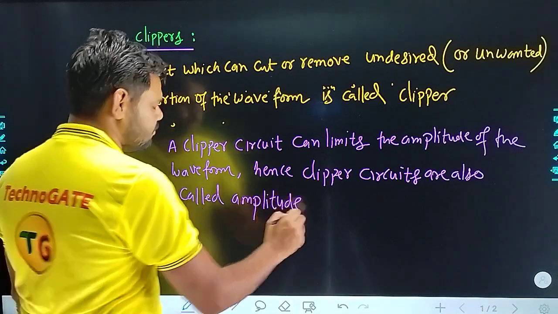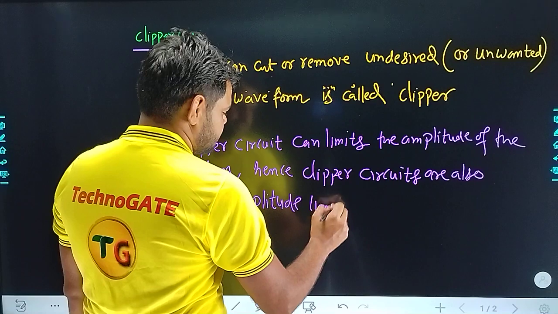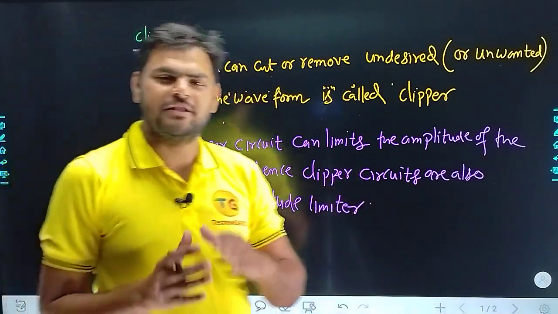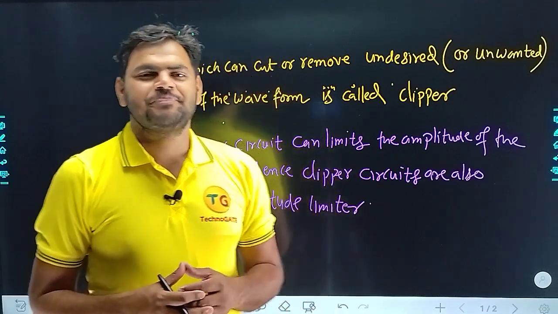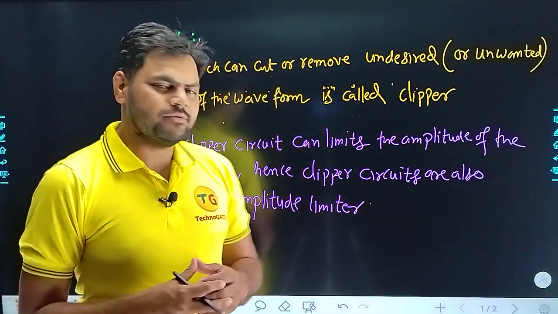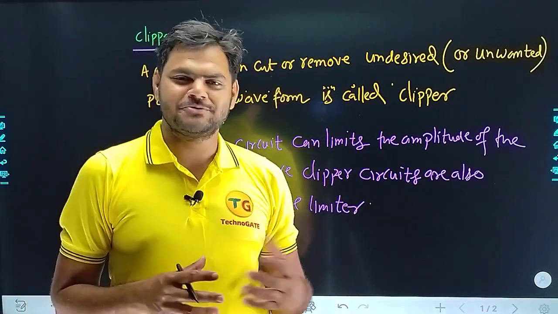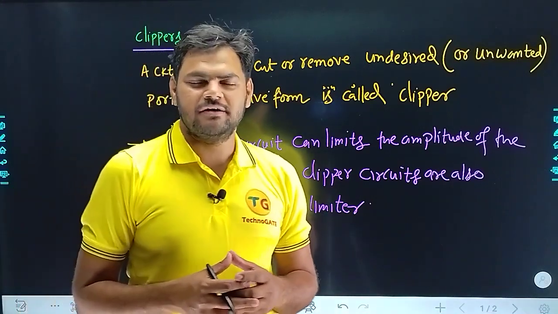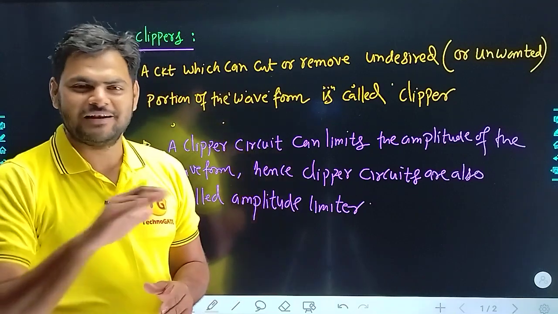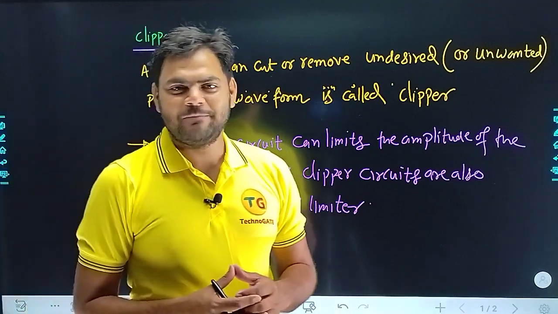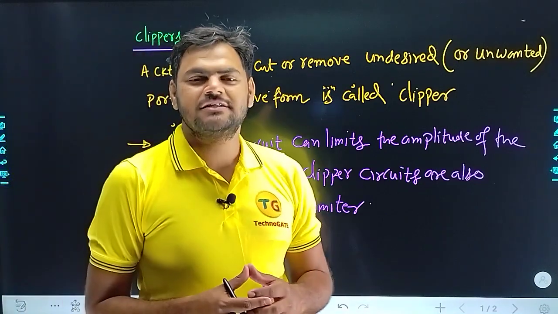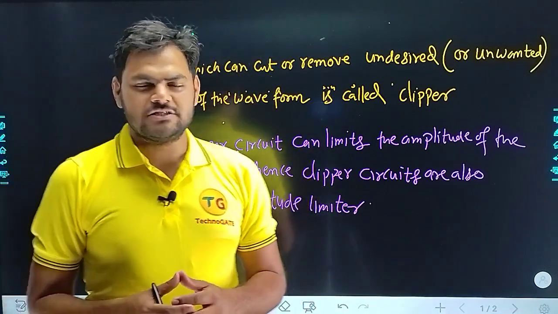Whether we use the word clipper, it defines itself: we are clipping, we are cutting something. And the word amplitude limiter also defines itself, which means if we are making the amplitude limited, we are cutting or removing some undesired part. So note this definition.